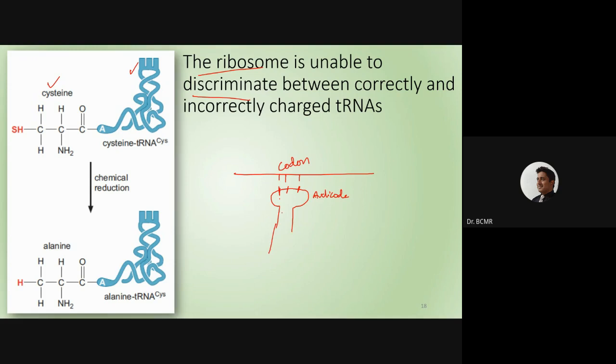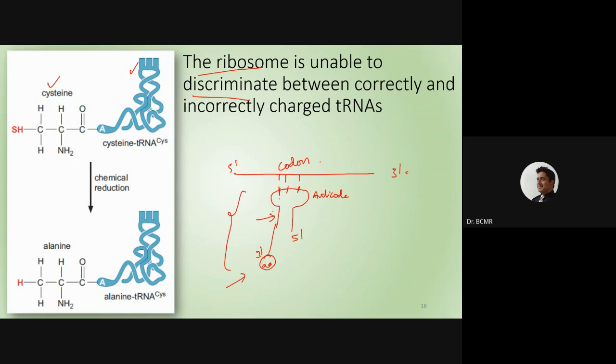If this is 5 prime to 3 prime, this should be 5 prime and this should be 3 prime, and this is where the amino acid is attached. The ribosome is responsible for codon-anticodon interactions and peptidyl transferase. It cannot discriminate if the correct amino acid is attached to the correct tRNA or not. That is the essence of this particular slide.